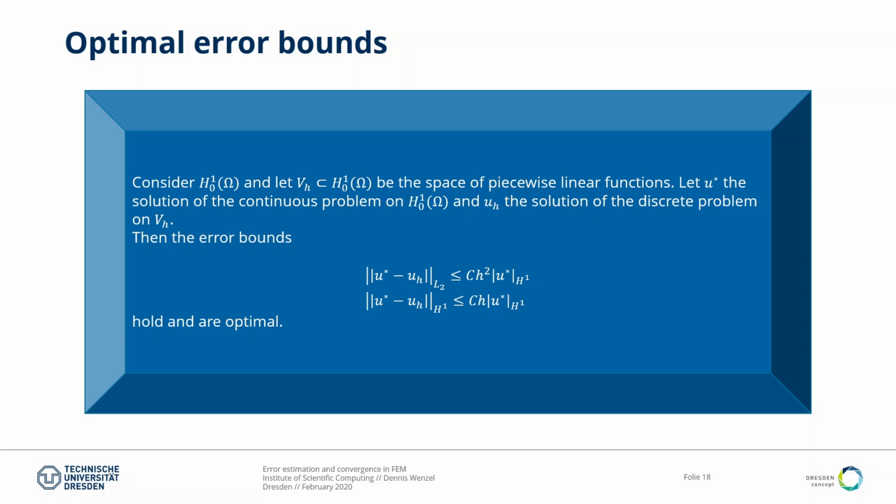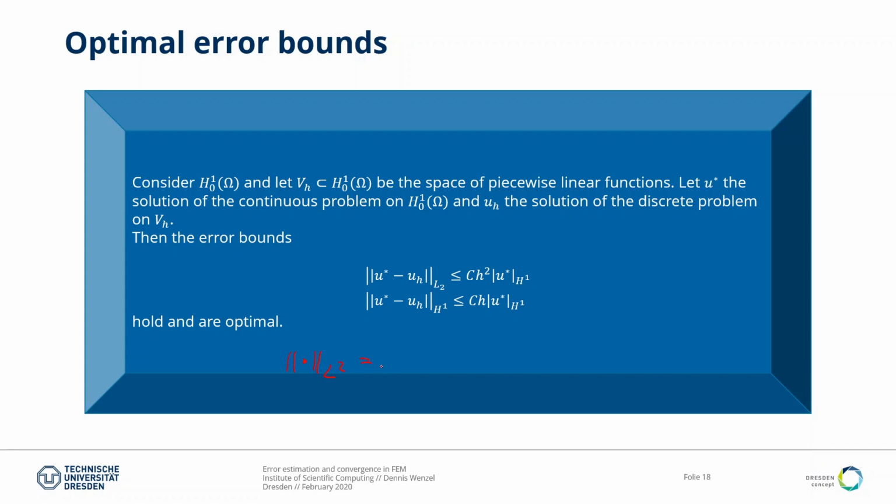And then, as usual, we denote u star as the solution of the continuous problem and uh the solution of the discrete problem. Then we can estimate the errors in two different norms here. Firstly in the L2 norm and secondly in the H1 norm. Let's give a quick reminder. What was the L2 norm?